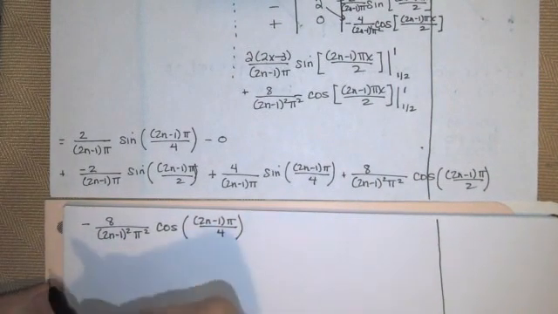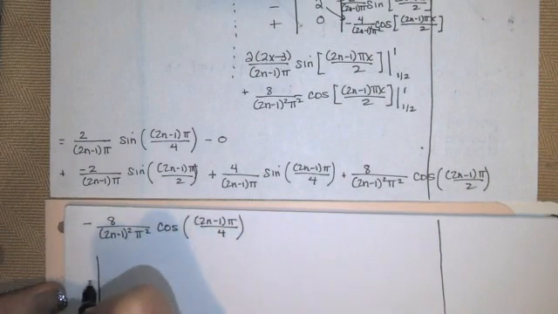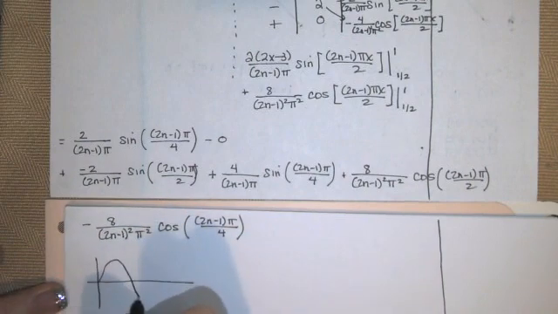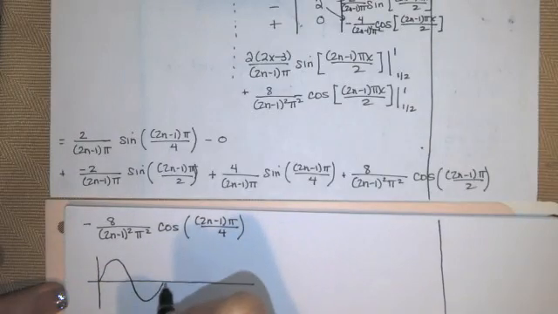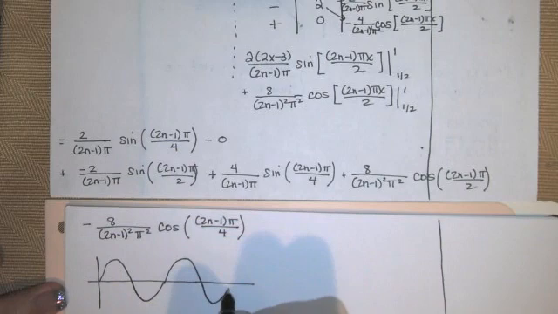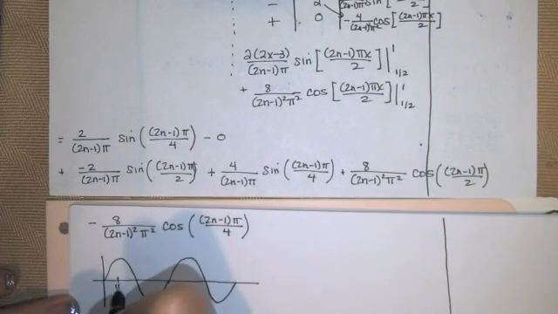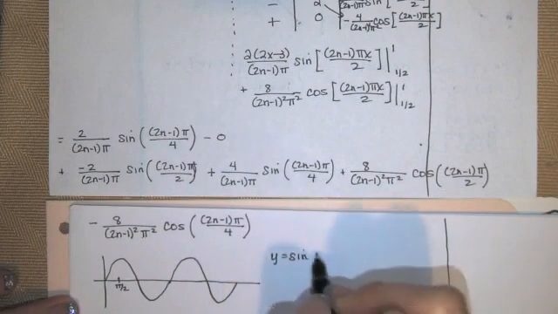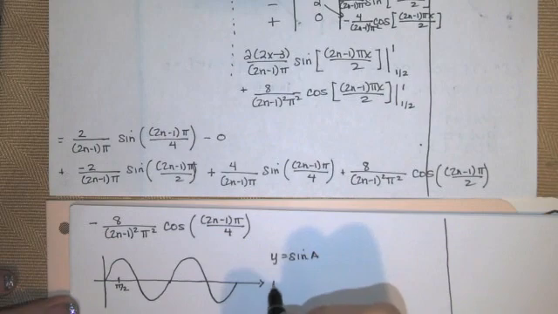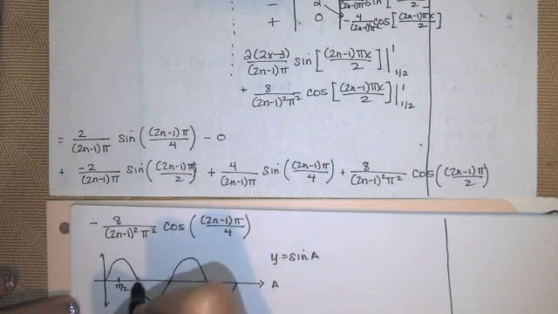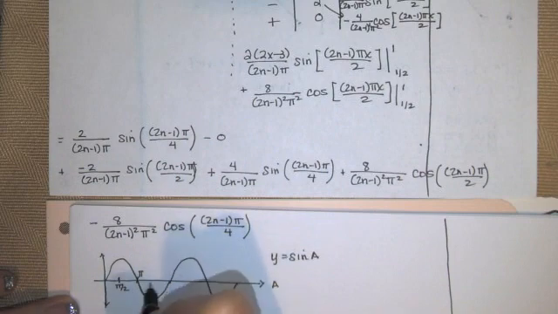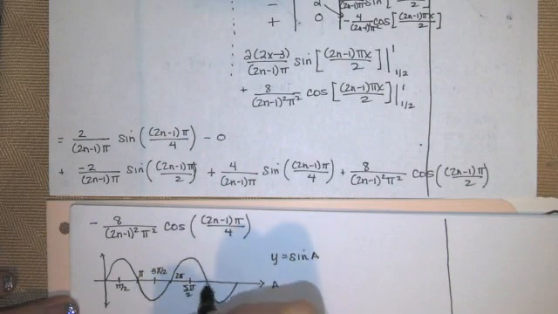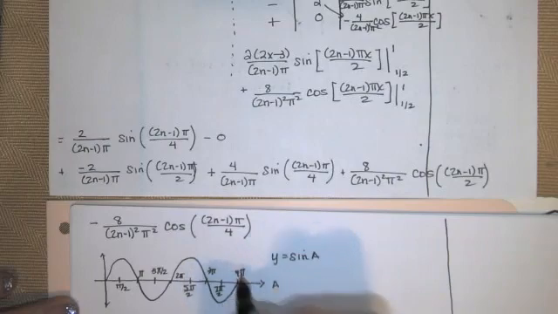So let's see. As far as sine is concerned, our sine function looks like this. This is y equals just sine of some angle, A. We've got pi over 2 there, pi there, 3 pi over 2, then 2 pi, then 5 pi over 2, and then 3 pi, then 7 pi over 2, and then 4 pi, and so on.